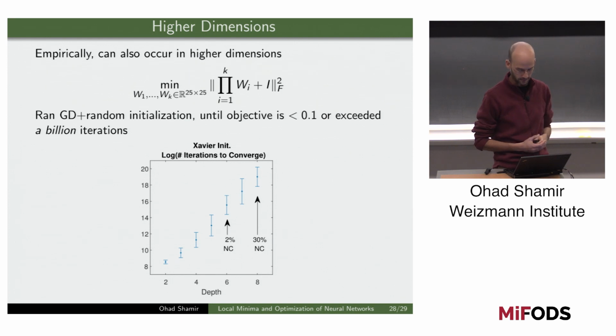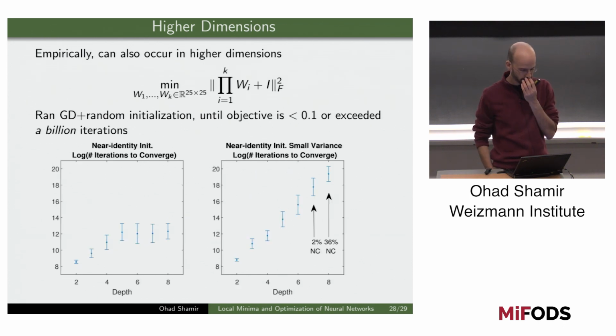It's a semi-log plot. The arrows here mean the percentage of runs where we didn't get convergence. So even after 1 billion iterations, the objective was still larger than 0.1. And already at depth 8, around 30% of our runs didn't converge.